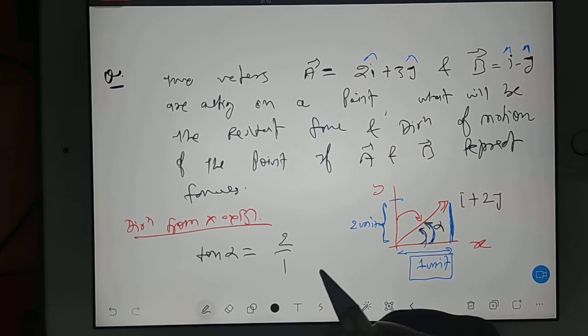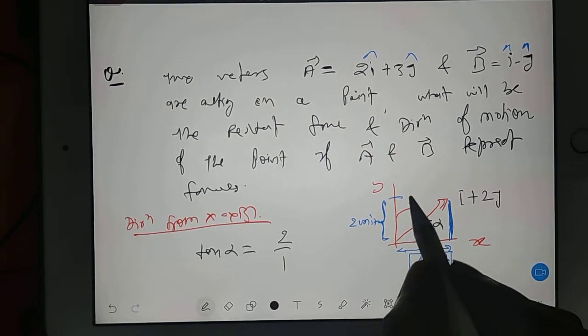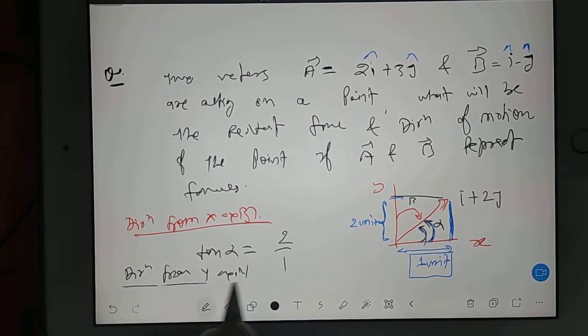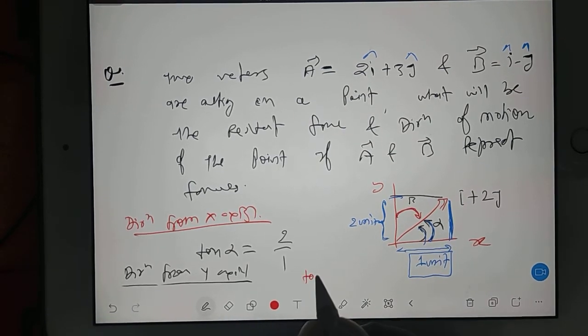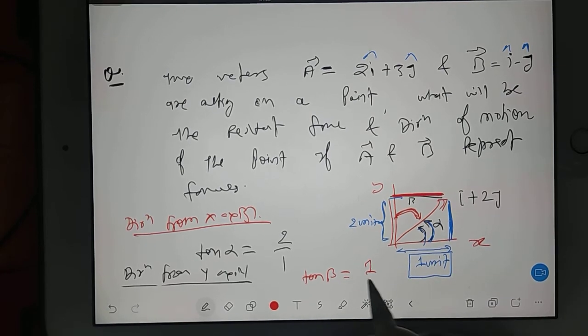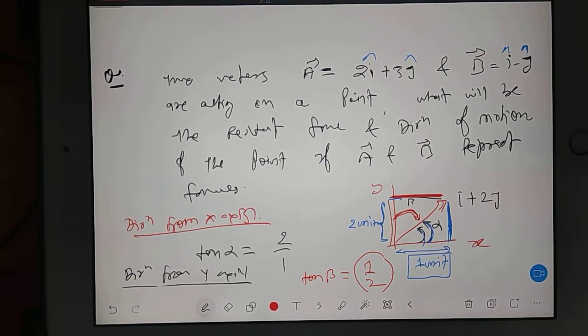We got it. Right? And if you are looking for beta, suppose this angle you are looking for. Direction from y-axis. Then in that case, suppose this is beta. So again, you apply tan beta. This is perpendicular, this is base. So tan beta is equal to 1 by 2. Right? I hope you're understanding how it is working.